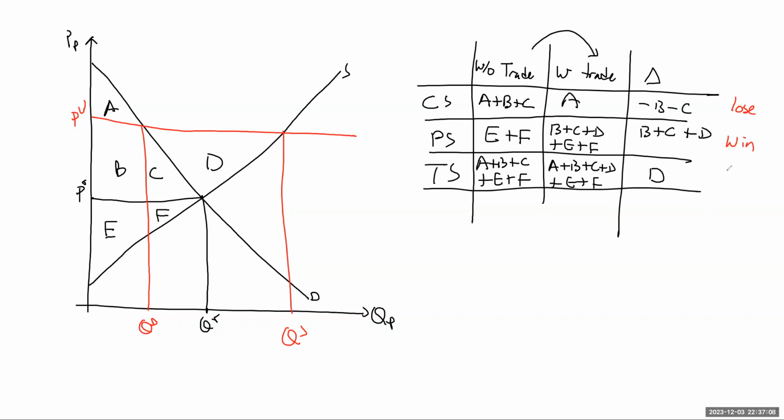And the total economy wins. Overall, the economy gains from trade when it becomes a net exporter. Consumers are made worse off because they have to pay more, but producers gain, and overall, the economy gains. Now let's see what happens when a country opens up for trade and becomes a net importer.